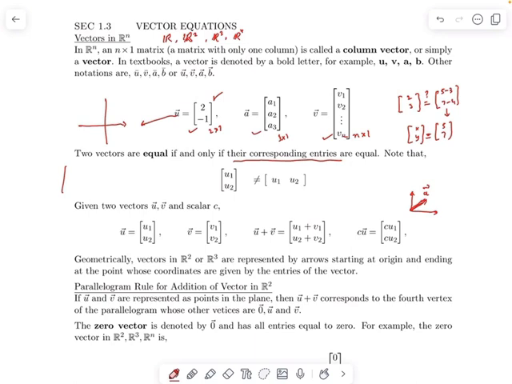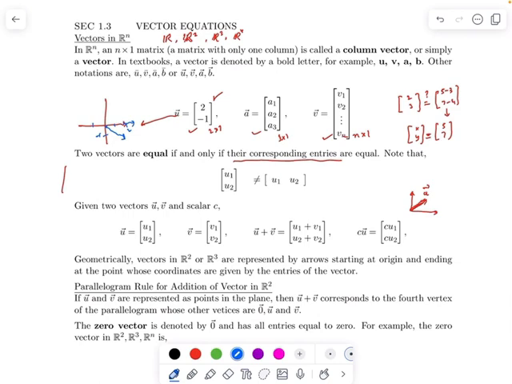This is the coordinate axis, this is the origin. You will start at the origin and go to the point 2, negative 1. Let's say this is 2 and this is negative 1, so it will be over here. So your vector is this.